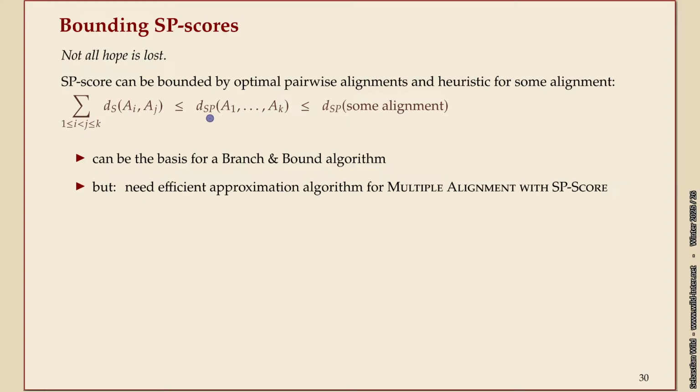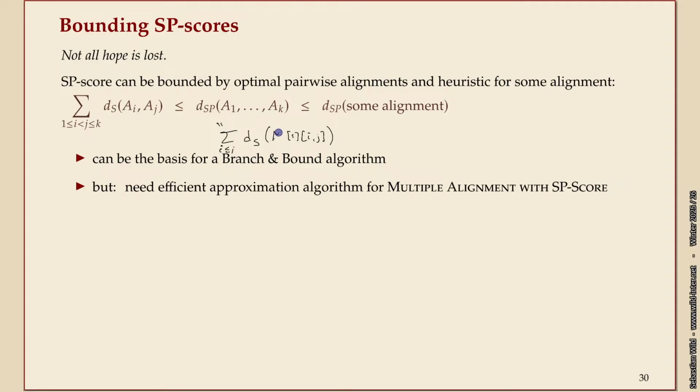So whatever you do here, the sum of scores here sums up the same. It's the same sum, right? But here I'm taking a different score. It's the score of this alignment where I only look at the ith and jth row. And this may not be the optimal.